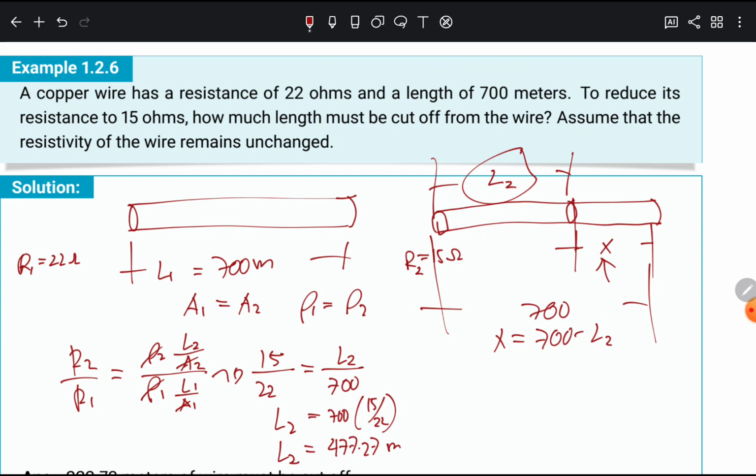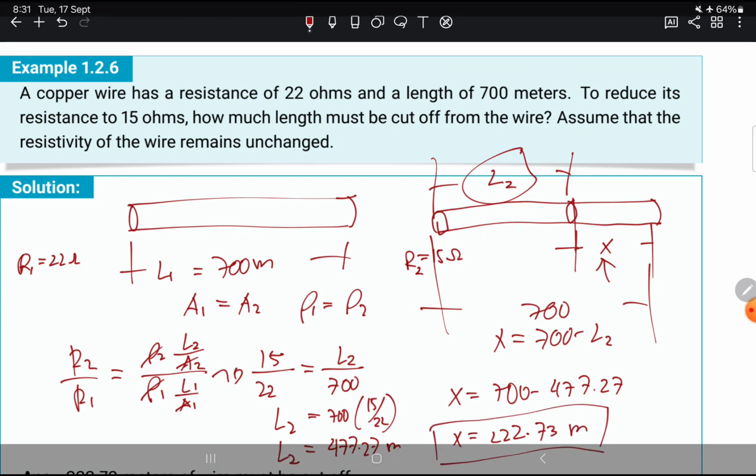The unknown is the length that we need to cut off. The length that we need to remove. So that's x. X will be equal to 700 minus 477.27. And if we subtract that, the answer will be 222.73 meters.